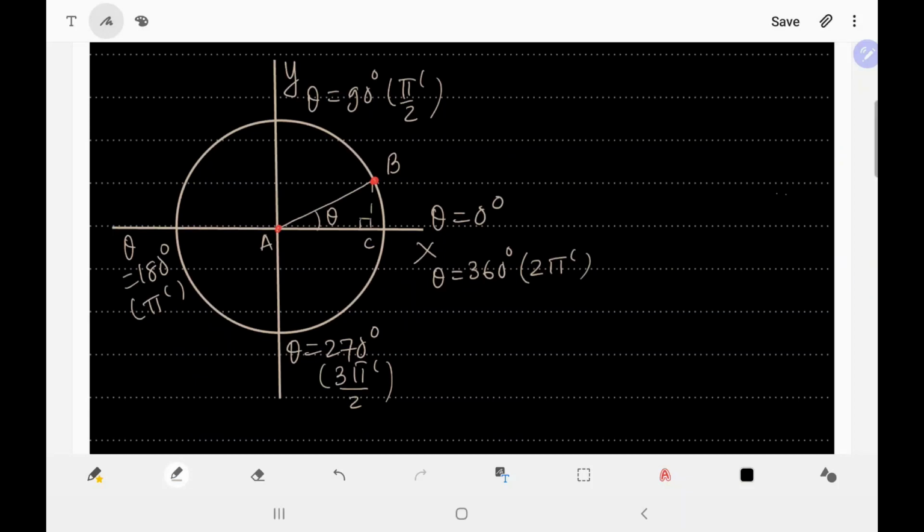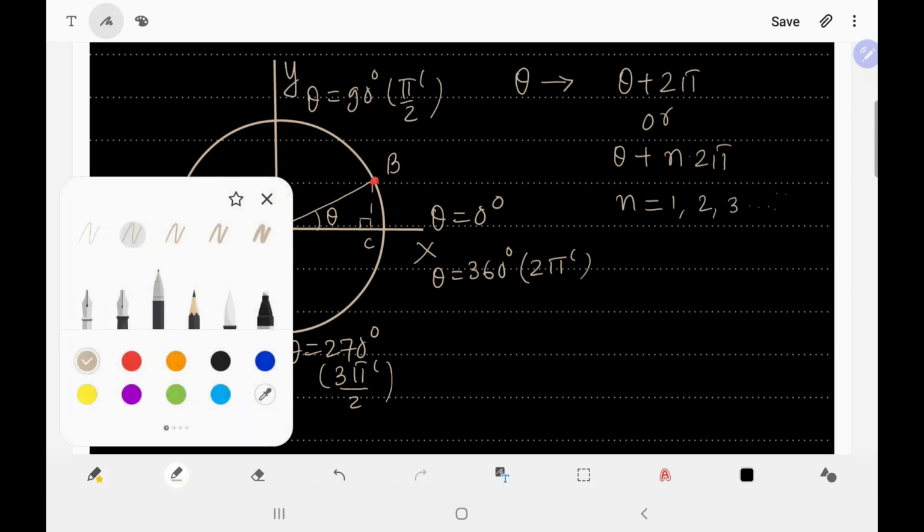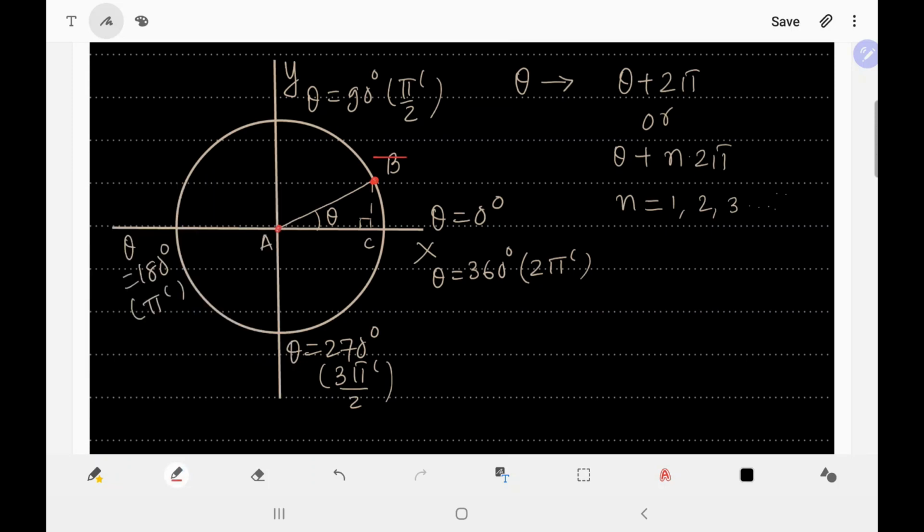Imagine if I move point B such that the new value of theta can be written as theta plus 2 pi, or theta plus n times 2 pi, where n is a positive integer. What I mean is, if I rotate point B once around the circle, starting from the original position, the new angle between the radius AB and the positive x-axis can be written as theta plus 2 pi.